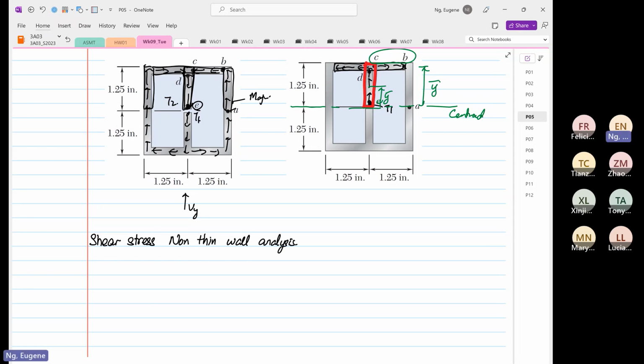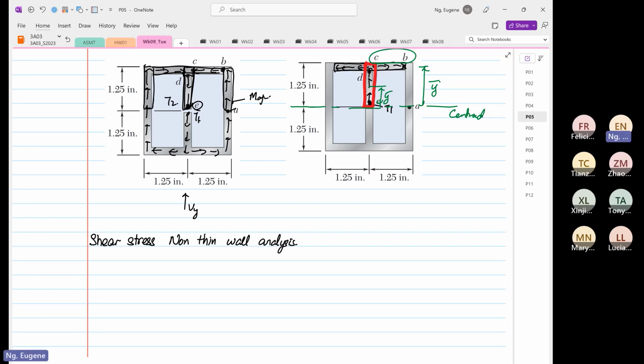Or if you are okay, then we will go into bending. Could you do an example of plotting the shear stress distribution? Okay, shear stress. Do you mind if I do question number 5? Sure. Okay, I'll do question number 5.